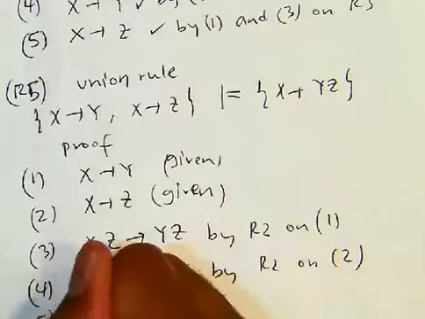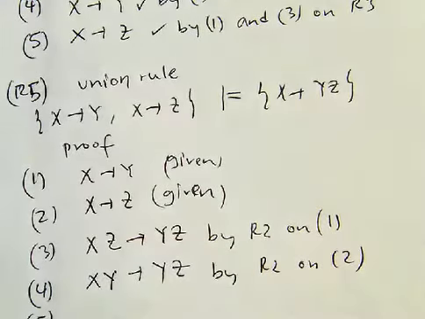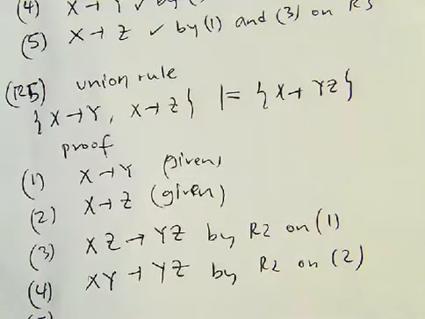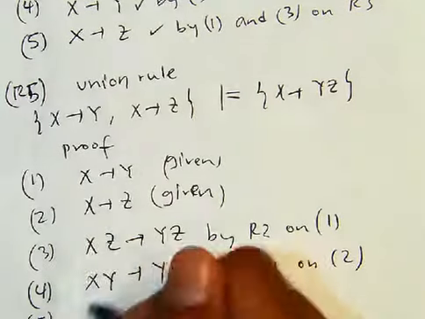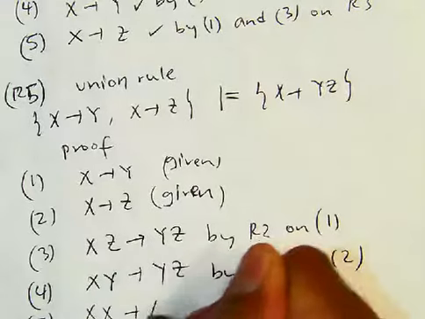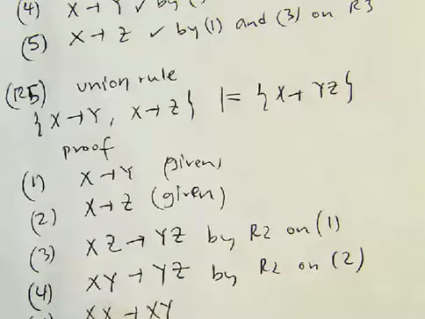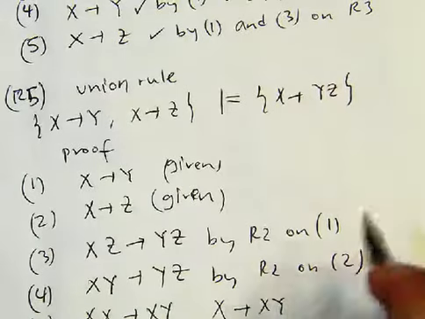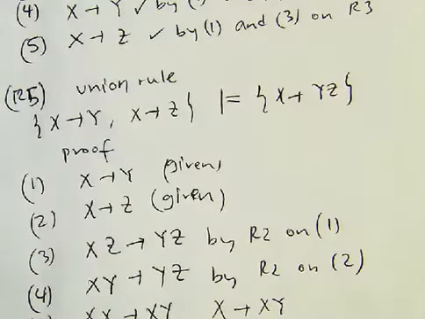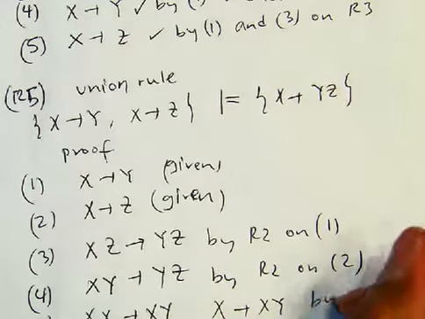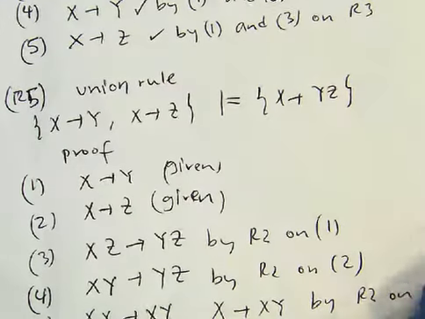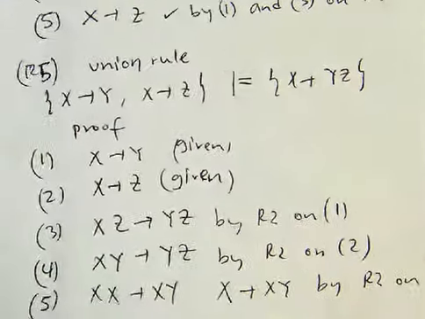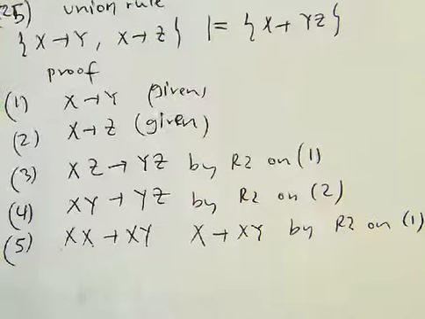Then as my fifth statement, I can also add X to these two sides, XX implies XY. Now, because this is a set, XX is the same as just X, so X implies XY. And this is by rule 2 on 1. Oops, sorry.